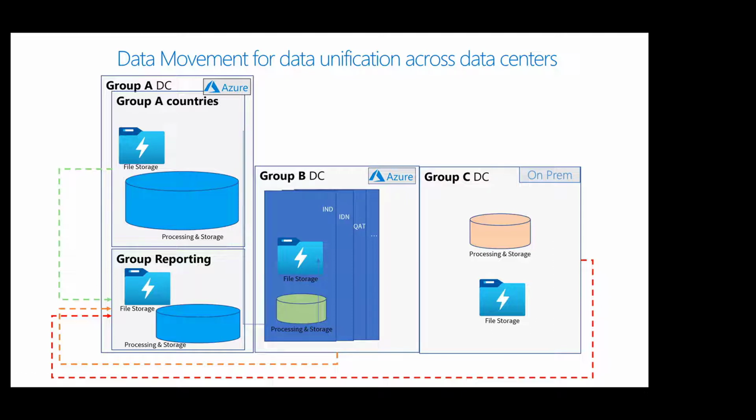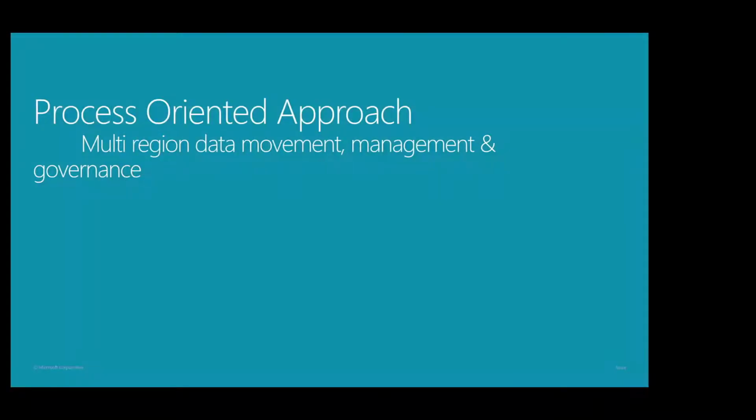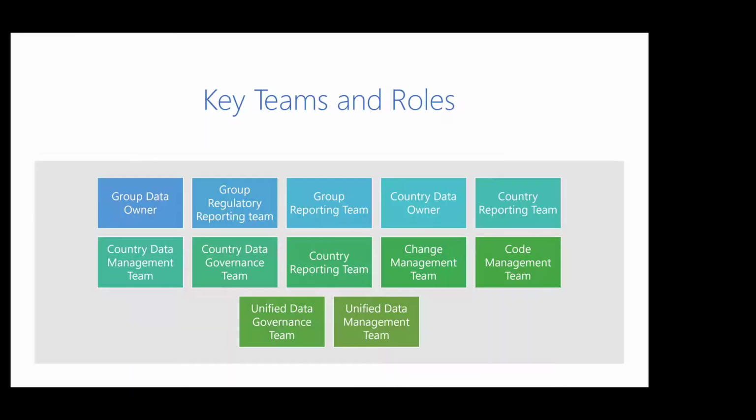Now, how do we go about making this a possibility in reality? Before we go into the technology part of it, we had to address the processes that will go into the internal customer teams. They will have to have a structured process to make sure that the data movement across regions happens in a managed and governed way.